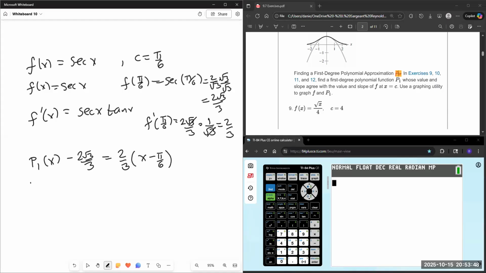So P1 of x is 2x over 3 plus 2 root 3 over 3 minus pi over 9.